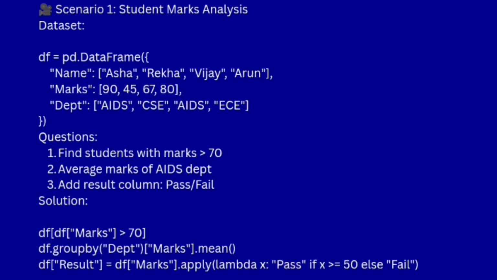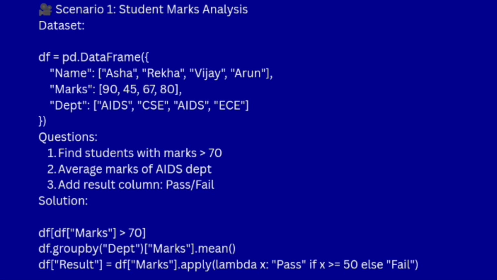That can be obtained by using the df data frame functions, the groupby function, and the result is saved in the data set, like by using lambda x: pass if x is greater than or equal to 50, else the result is fail. By using these data frames, this result can be done very easily.